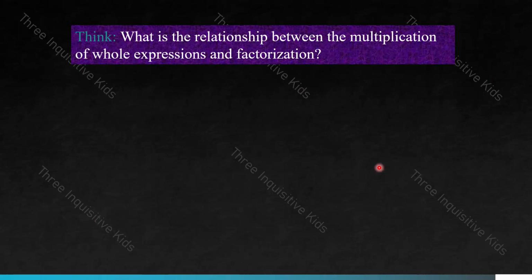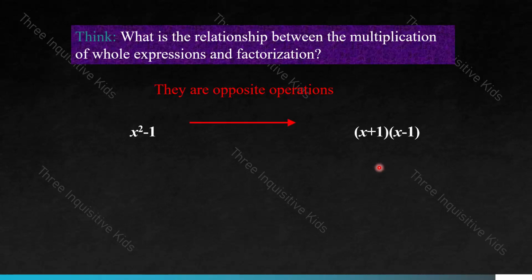Multiplying whole expressions and factorization are reverse operations. Now, I don't really like saying the word operation because it's not necessarily addition, subtraction, multiplication, or division. But by operations, I'm just trying to say that it's a series of steps that you do to get from one form of a polynomial to another.